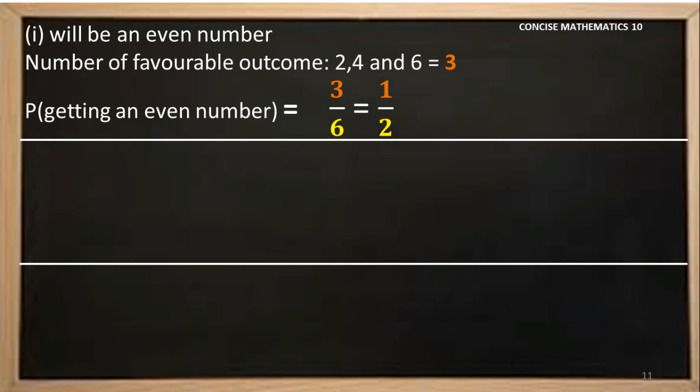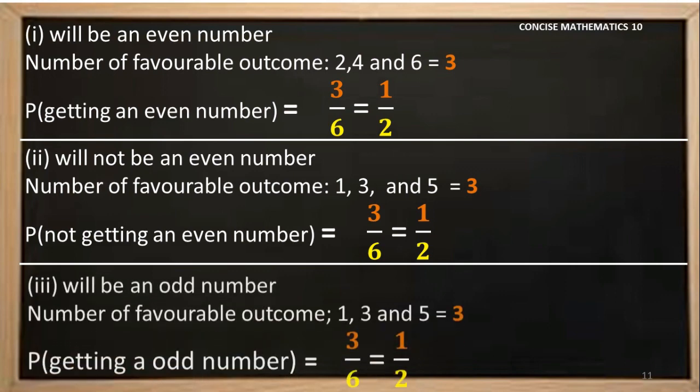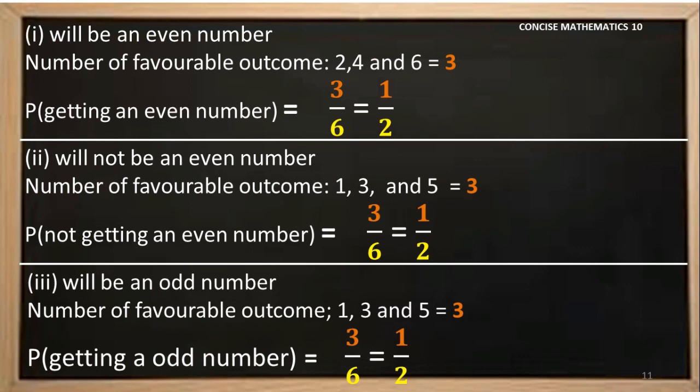In a similar manner, sub question 2 is will not be an even number. So other than even numbers, of course, they are odd. Which are all those? 1, 3 and 5. Again if you count, the possible outcomes are 3. Hence the probability is 3 by 6, which is equal to 1 by 2. And the last sub question is, will be an odd number.